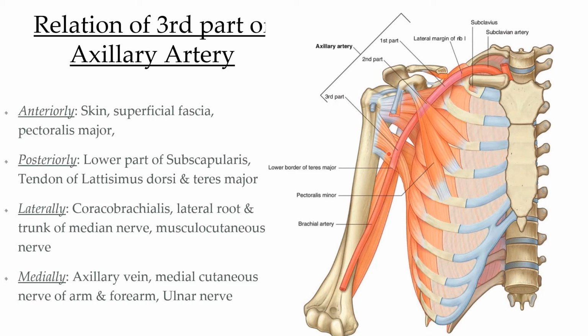Also, it is related posteriorly with the latissimus dorsi and teres major muscle. Laterally, this third part is related with the coracobrachialis. This is the cut section of coracobrachialis muscle, which is related laterally with the third part of axillary artery.